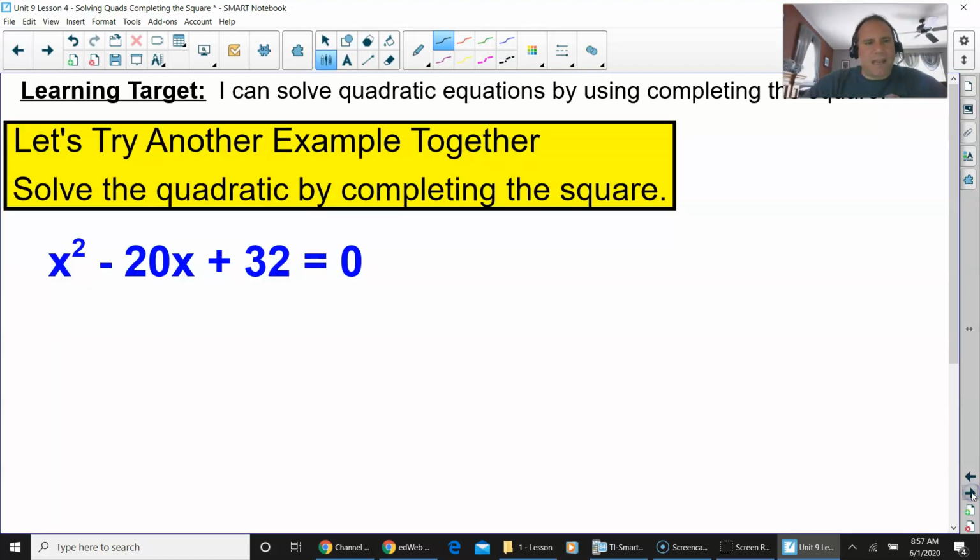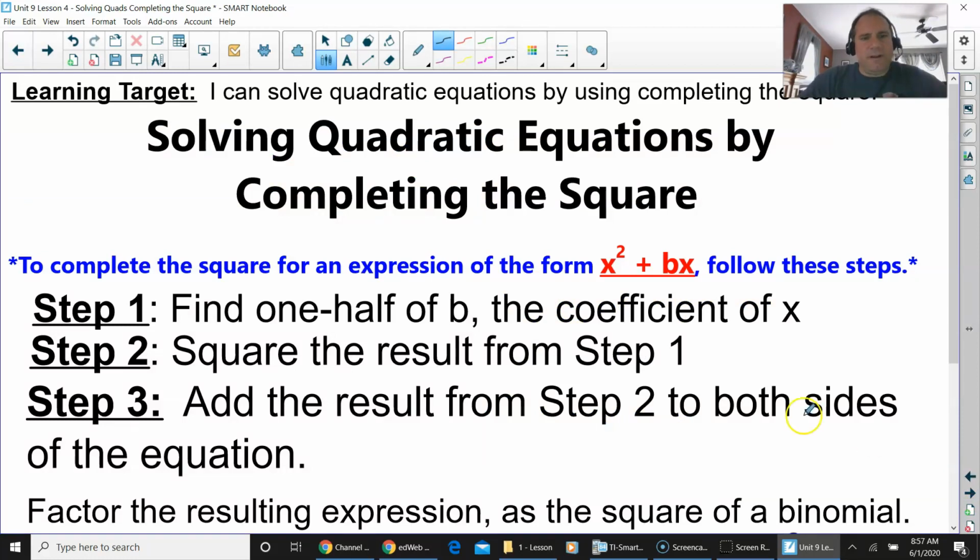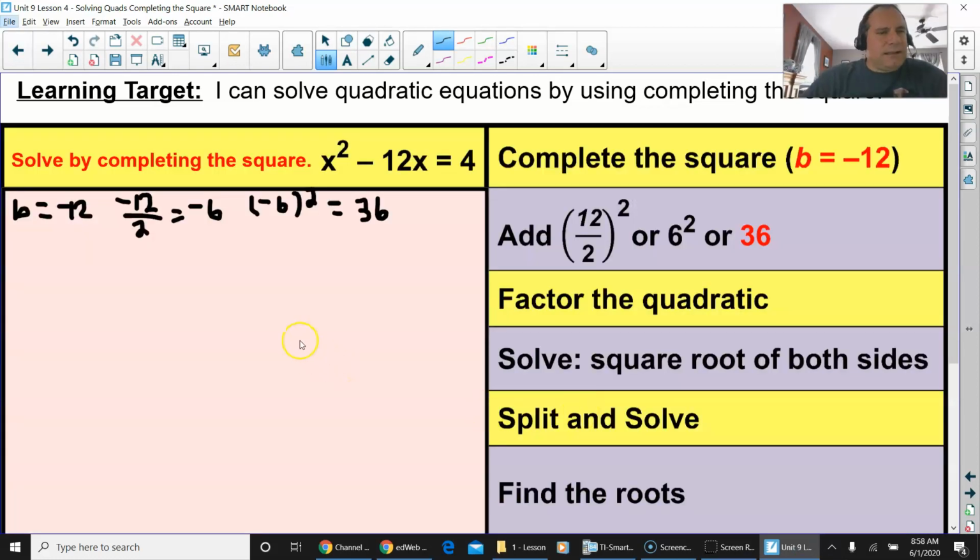So find 1/2 of b, and then square it. Take a look at what I did. I put b down right here as -12. Find 1/2 of b, which is -12 divided by 2, and you get -6.